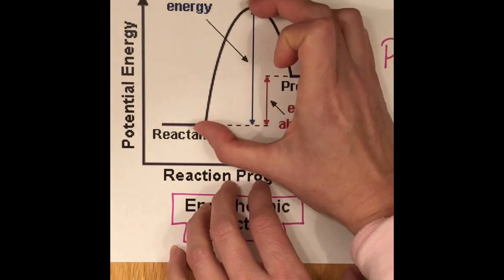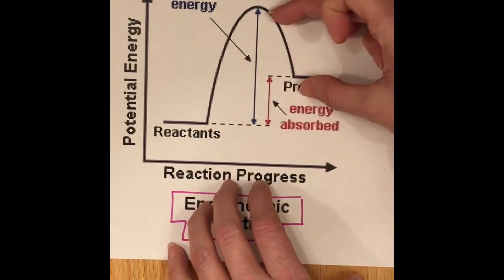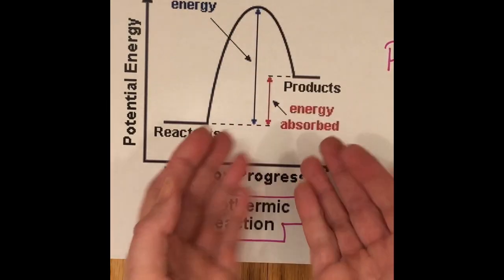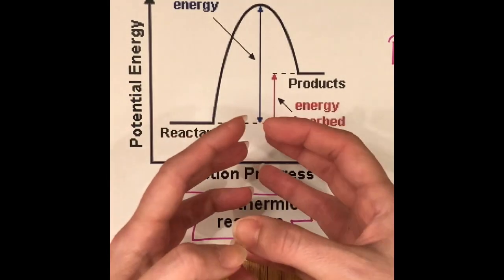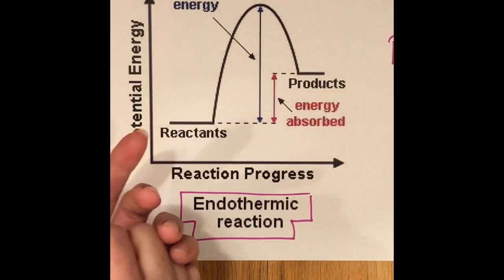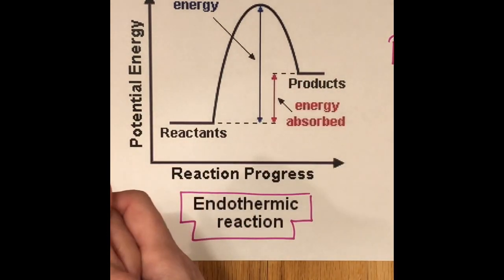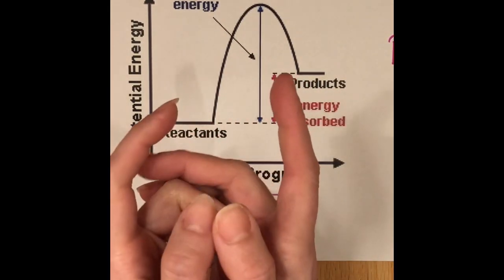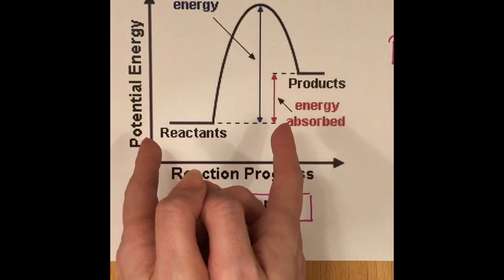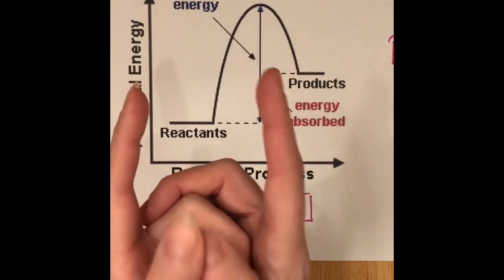And again, sometimes it helps to look at this compared to this. Where does that absorbed energy go? It goes into the bonds, right? It gets used to make and break the bonds of these reactions. And so in the end, this one needed a lot more energy to start the reaction than it released.